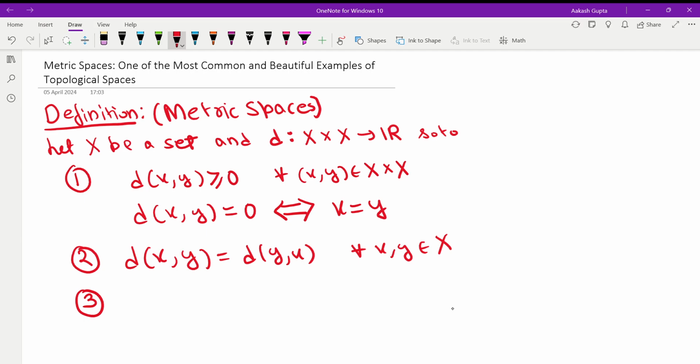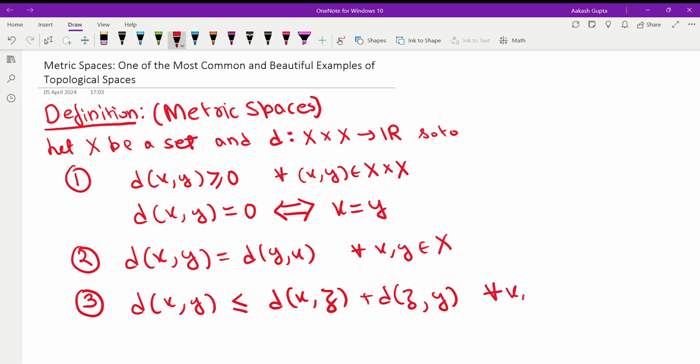It should satisfy something called the triangular inequality. So if you have d of x, y, this should be less than or equal to d of x, z plus d of z, y. This should also happen for every x, y, z in X.